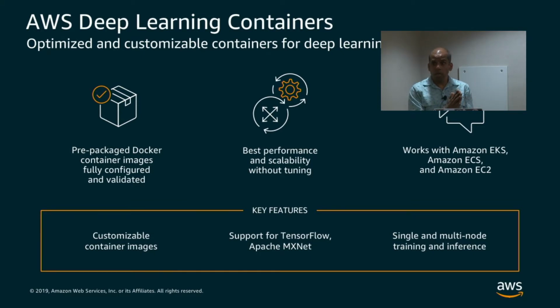They have the popular frameworks that matter to you for training and for inference, and you can leverage them with Amazon ECS, which is our fully managed container service, or self-managed Kubernetes on EC2 as well. It does not restrict you from using it on any cloud, but the frameworks in there are tuned for AWS, so they'll give you higher performance optimizations on AWS cloud.